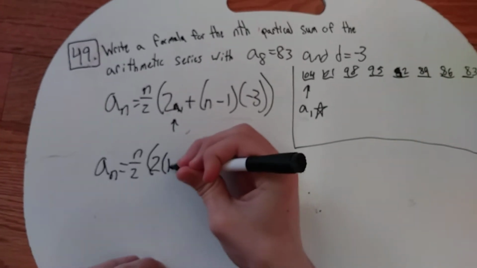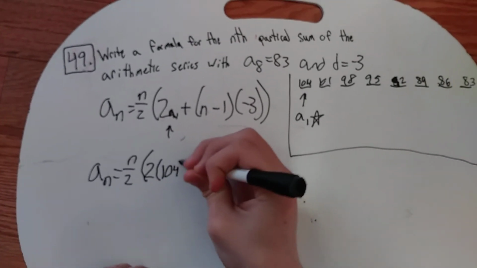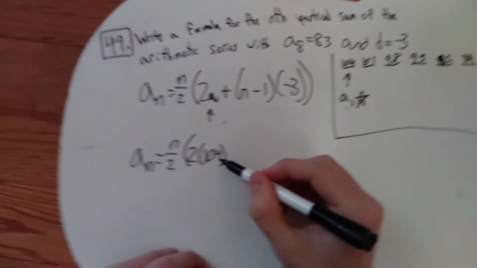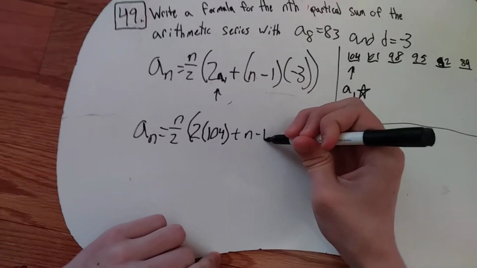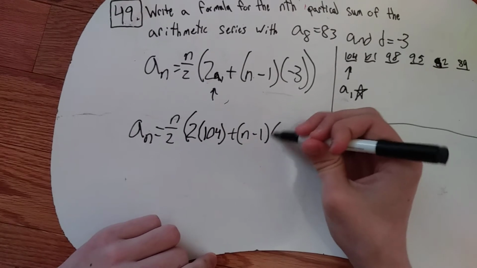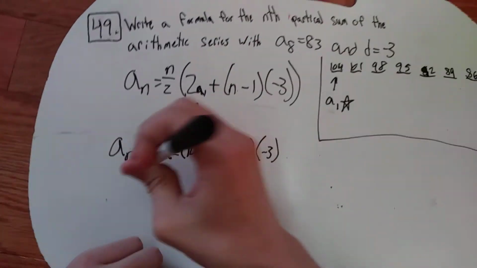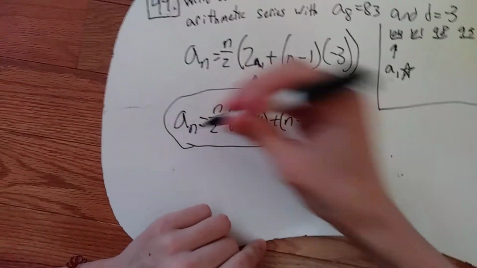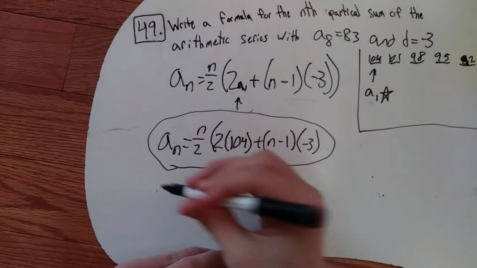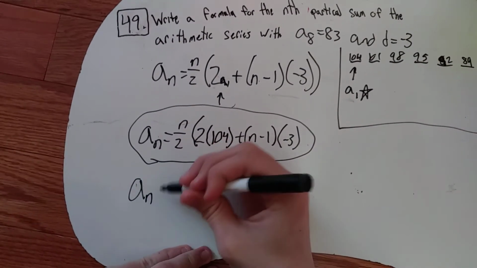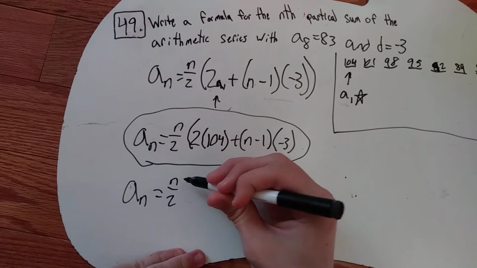He is a celebrity. So now we have our a sub 1, which I've replaced with 104. And if we continue the formula, this would be your end formula. But let's say you wanted to keep going. I do. You do? Okay, so we could do a sub n equals n over 2.